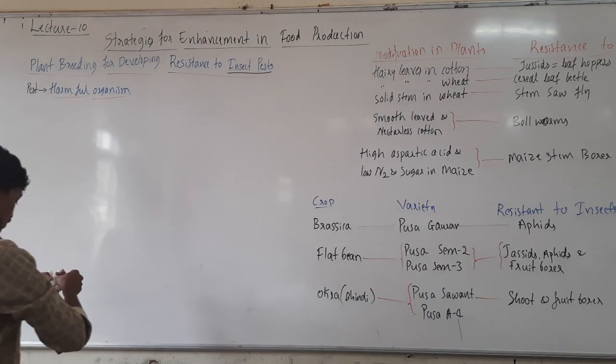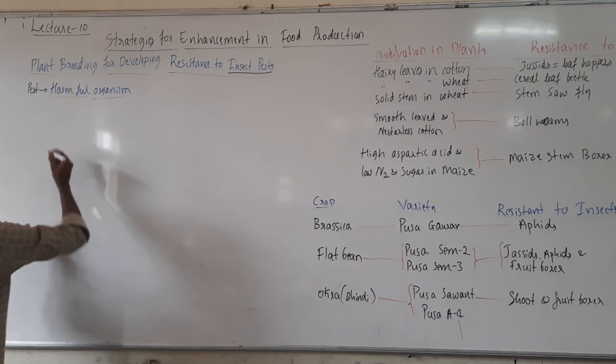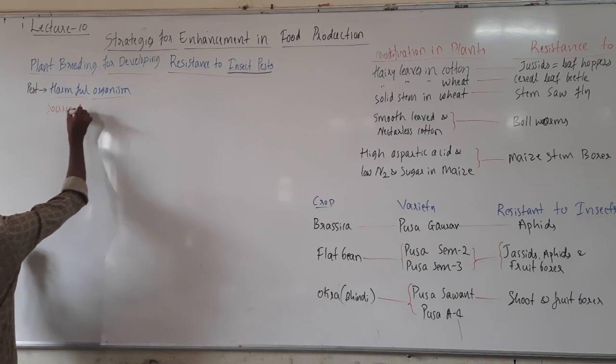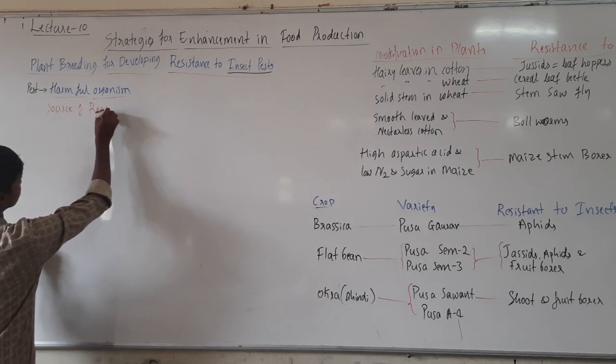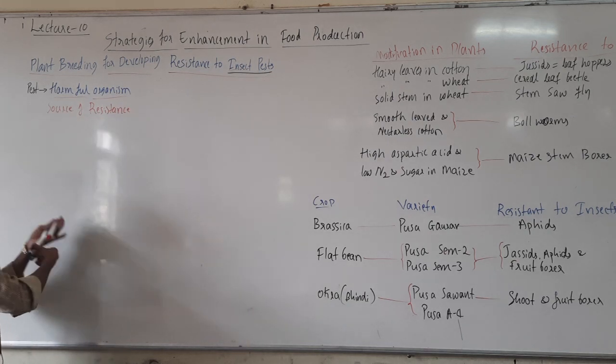We all know the common methodology of plant breeding. Here, first we need a source organism, which means a source of resistance. For developing the resistance, we need some source.